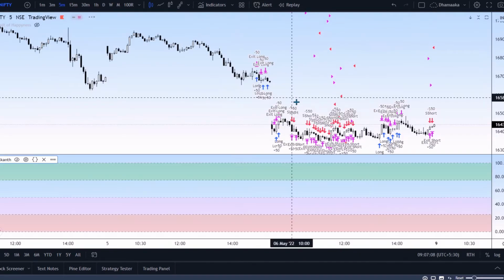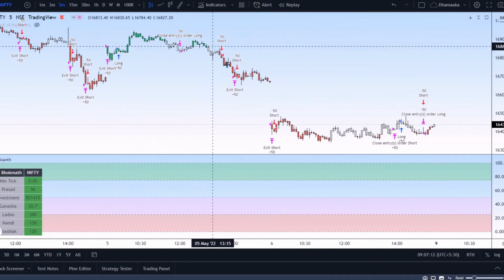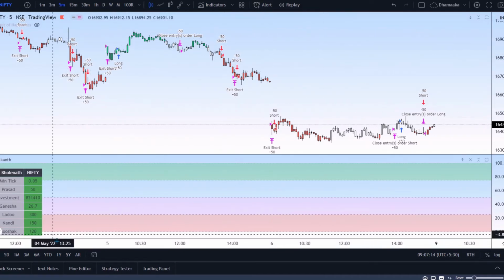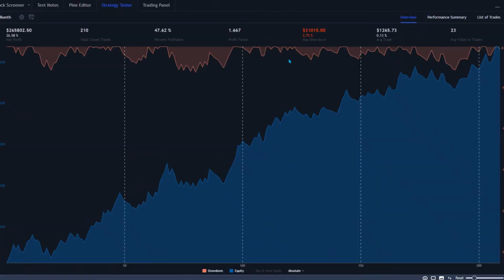Now again, similar kinds of signals you will see, and if we go to the strategy tester, we go to overview. The profitability is a little less compared with Bank Nifty, because Bank Nifty is a little violent. You get big moves compared to Nifty, and of course more returns come with more risk.